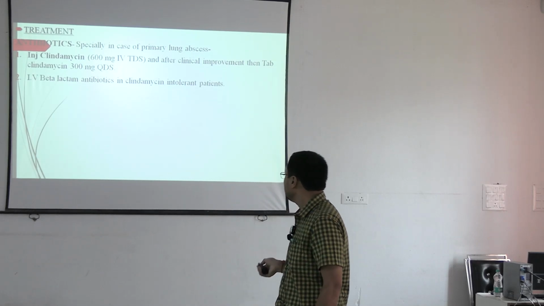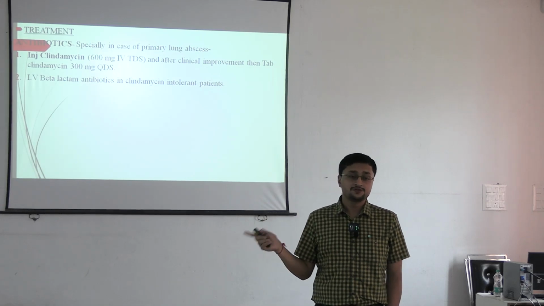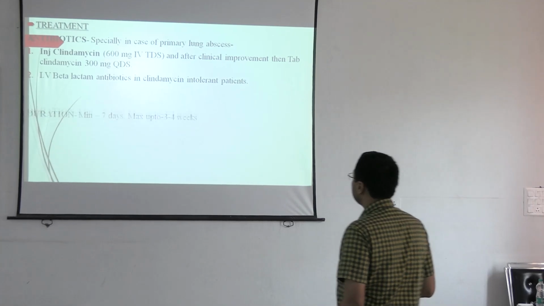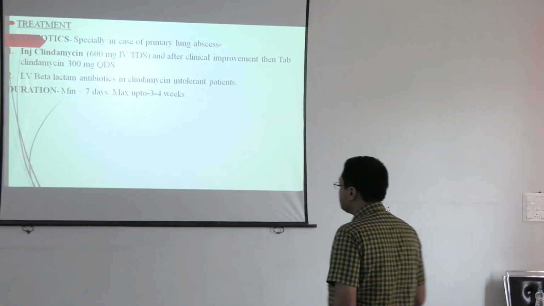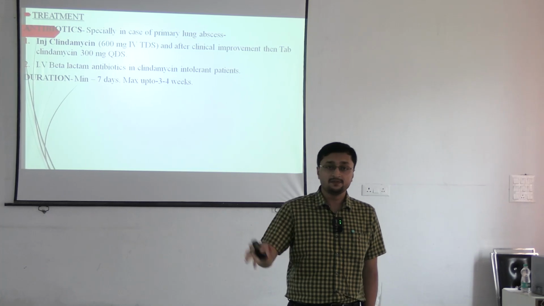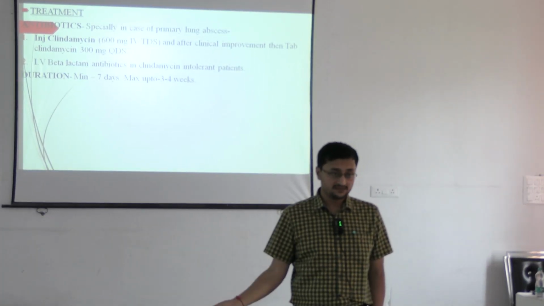Injection clindamycin for mostly 7 days and after that switch to oral clindamycin. The duration would be minimum 7 days, but in most abscesses we see, they clear in 14 to 21 days.